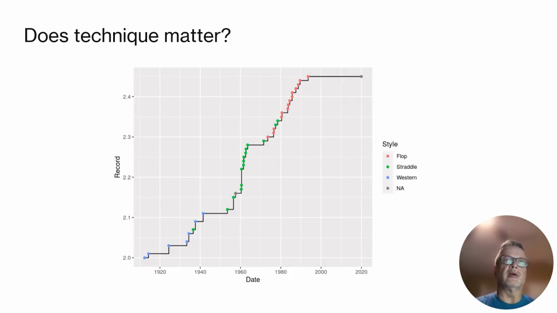And of course those things matter, but this graph has red points, green points, and blue points. They show when a particular high jump technique was utilized by athletes. And you do see that when you change the technique, the performance changes as well.